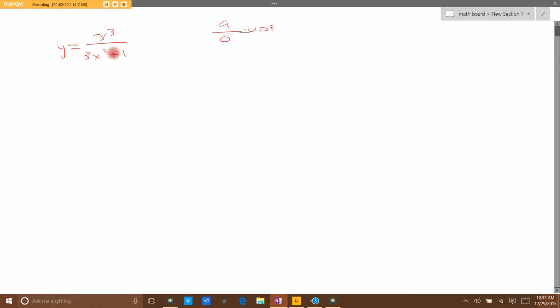We need 0 in the denominator, right? Now, is there any possible x value that you can plug in that will get you 0? Because understand that you're adding 1 to this, and you're squaring whatever x value you plug in.